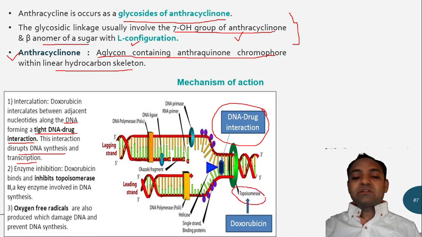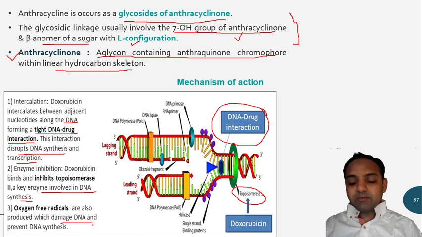Doxorubicin also inhibits the enzyme topoisomerase, which is a key enzyme involved in DNA synthesis. And the third probable mechanism is that oxygen free radicals are produced, and these oxygen free radicals damage the DNA and prevent DNA synthesis. So this is the probable mechanism for anthracycline derivatives.